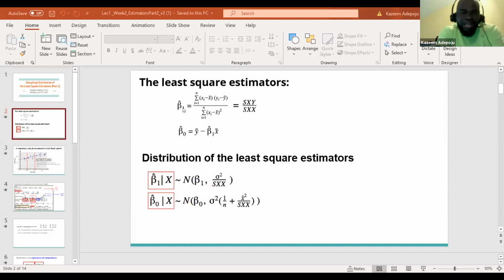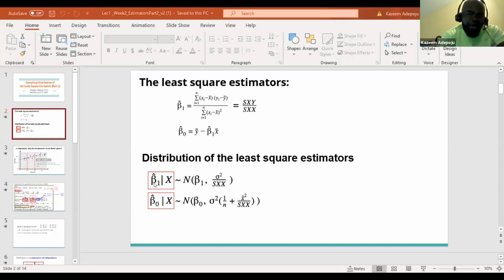So we need a probability distribution for them, because a probability function gives probabilities for different kinds of outcomes, and we know we're going to have different outcomes when we vary the sample.